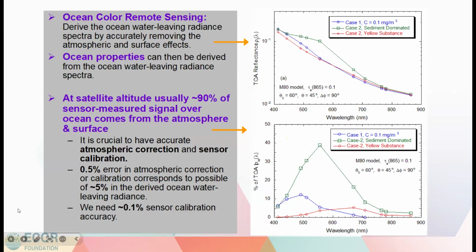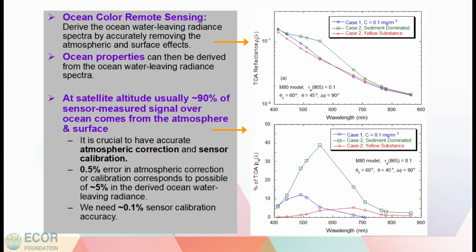Ocean color remote sensing needs accurate atmospheric correction, because pre-processing of satellite data, with many calibration techniques, is very much needed for any kind of analysis. And sensor calibration is very much needed because about 90% of the signal comes from the atmosphere and surface.